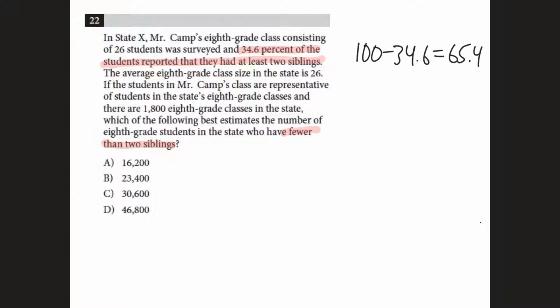If 65% of the class had fewer than 2 siblings, and the class is representative of the whole state, well, then we need to figure out how many students are in the whole state, and we can take 65.4% of that population. Well, there are an average of 26 students in a class, and there are 1,800 classes in the state.